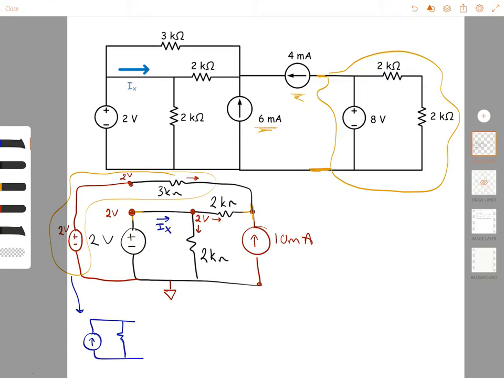Parallel resistor is going to be 3 kilo ohms, and 3 kilo ohms times whatever my current supply value is supposed to give me 2 volts. So I have 2/3 milliamps. I can redraw the rest of my circuit. Now you have to keep in mind how the connections are. Don't get confused with those.